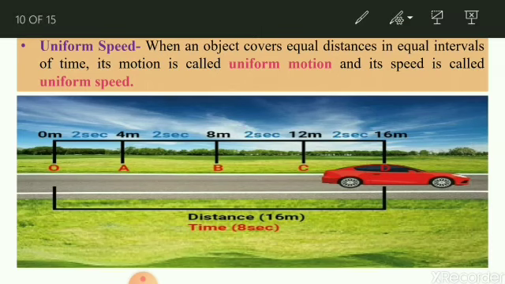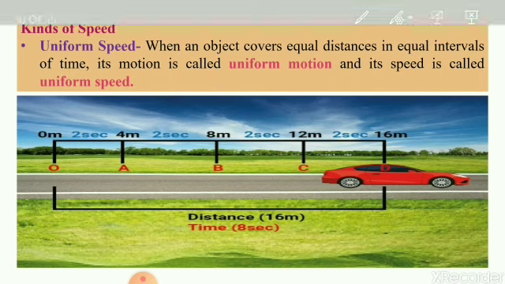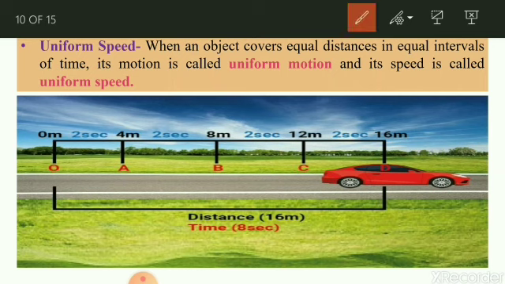Now kinds of speed. Two kinds of speeds are there, that is uniform speed and non-uniform speed. First of all we will see uniform speed. Uniform speed means when any object covers equal distances in equal intervals of time. Its motion is called uniform motion, and at that time the speed of the vehicle is called uniform speed. Suppose a car has to cover 16 meter distance, and we divide that 16 meter into four parts of 4 meters.